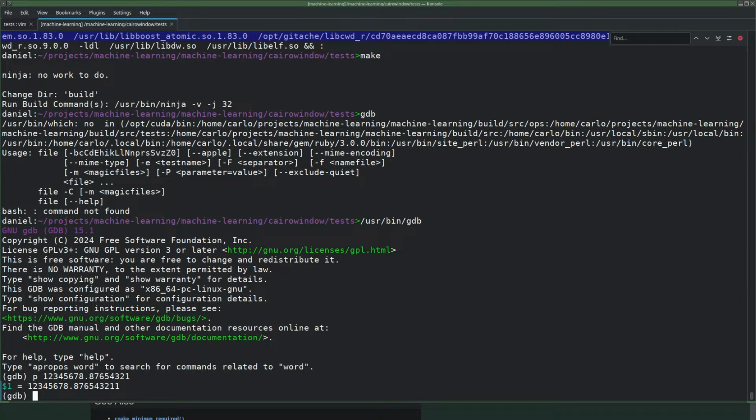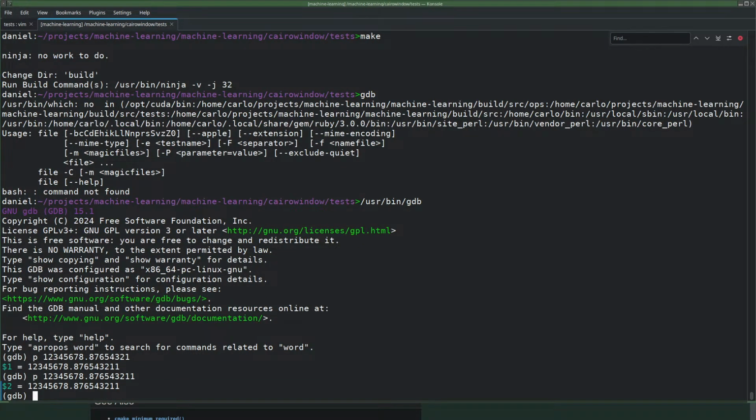Nope, that doesn't fit. 8, 7, 6, 5, 4, 3, 2, 1. There's an additional one there. Yeah, can't have everything. Maybe like that. I'm not convinced.